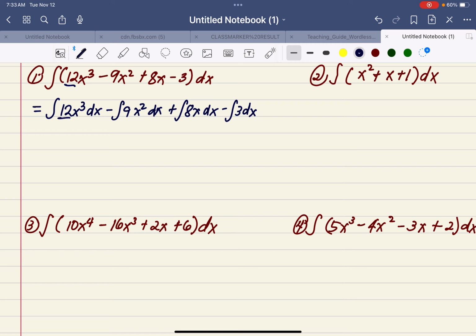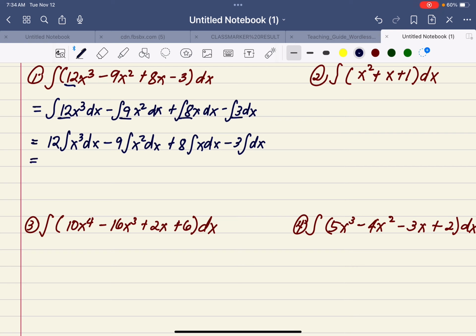Since we have coefficients, we can write them before the integral symbol. So this will become 12 times the antiderivative of x cubed with respect to x minus 9 times the antiderivative of x squared with respect to x plus 8 times the antiderivative of x with respect to x minus 3 times the antiderivative of dx.